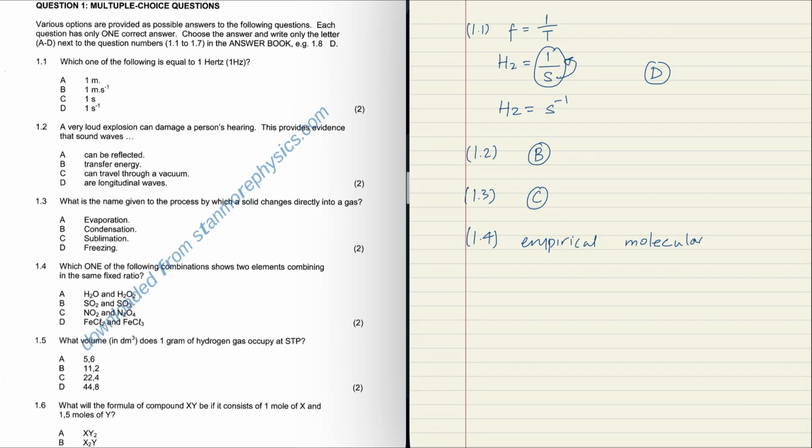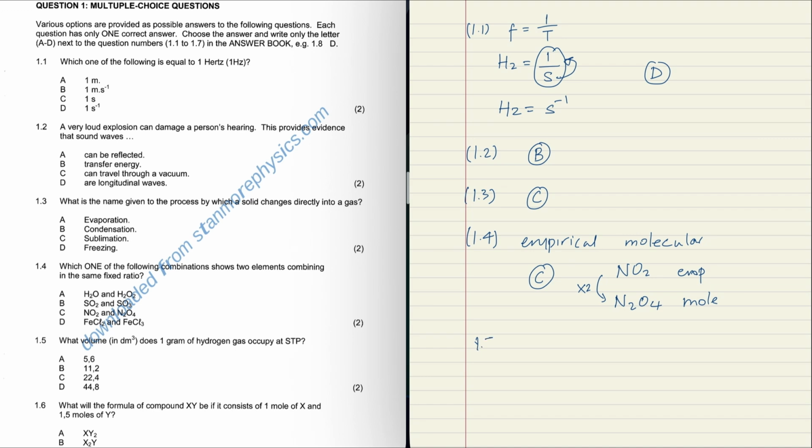If we go through them, you have H2O and H2O2, nope. SO2 and SO3, nope. And NO2 and N2O4, that is the correct answer, because NO2 is the simplest ratio and N2O4 is the actual one. In other words, if you multiply NO2 by 2, you get N2O4.